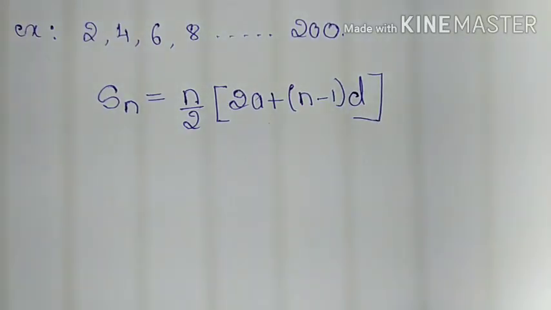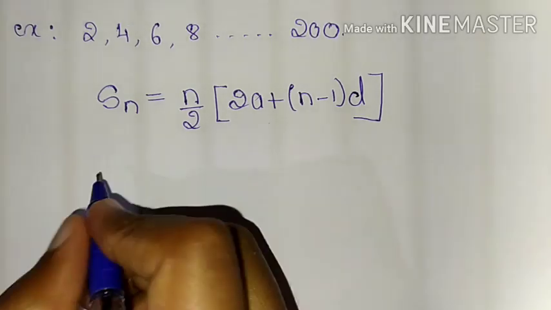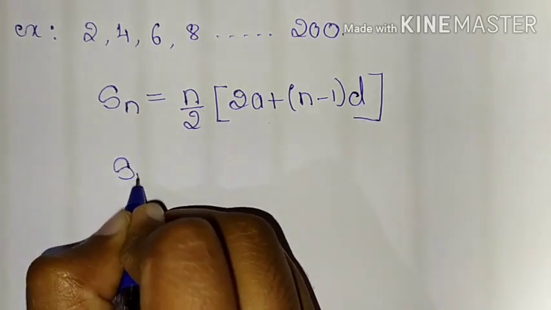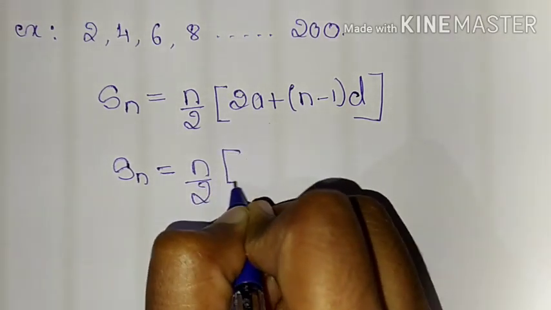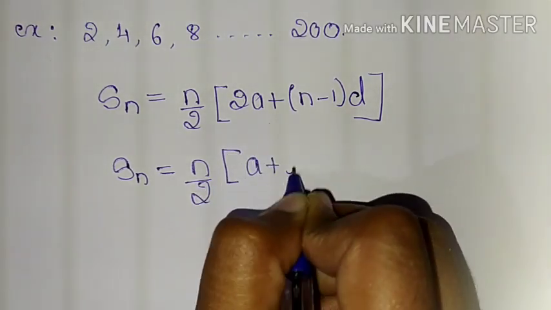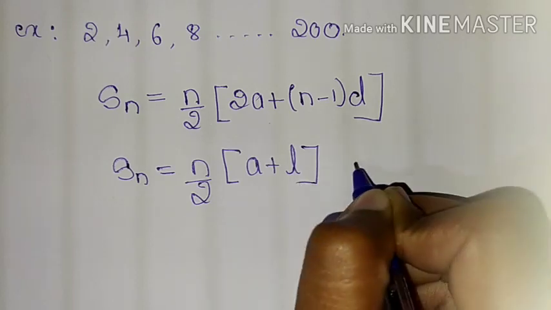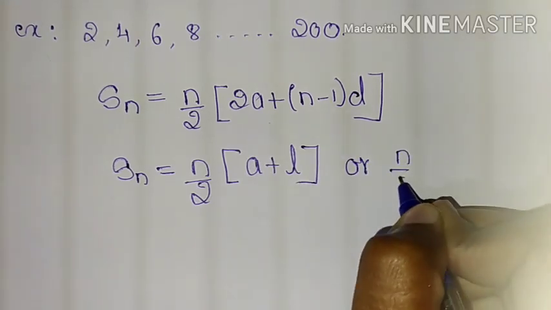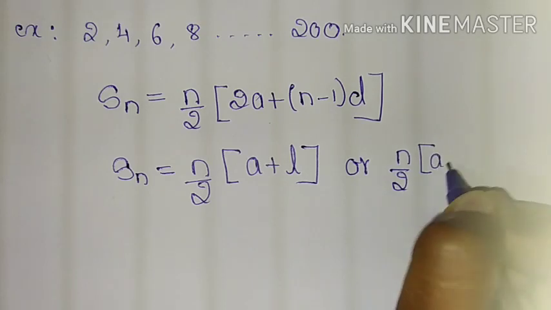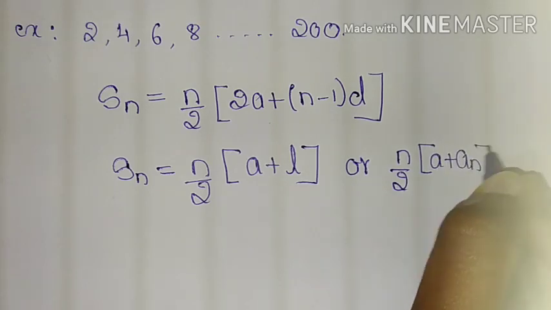This is the formula to calculate the sum of first n terms of an arithmetic progression, and this can also be written as Sn is equal to n by 2 into a plus l, or n by 2 into a plus an.